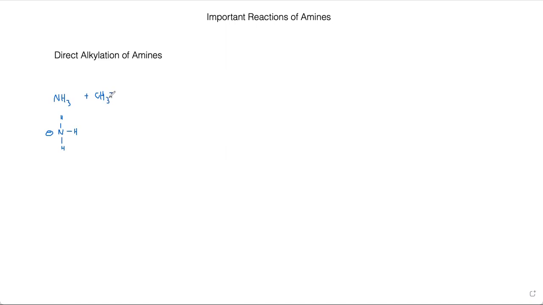In this case, we'll have methyl iodide. The first reaction that occurs is going to be an SN2 reaction. So we'll take our NH3 here, and I'm going to just redraw the methyl iodide.